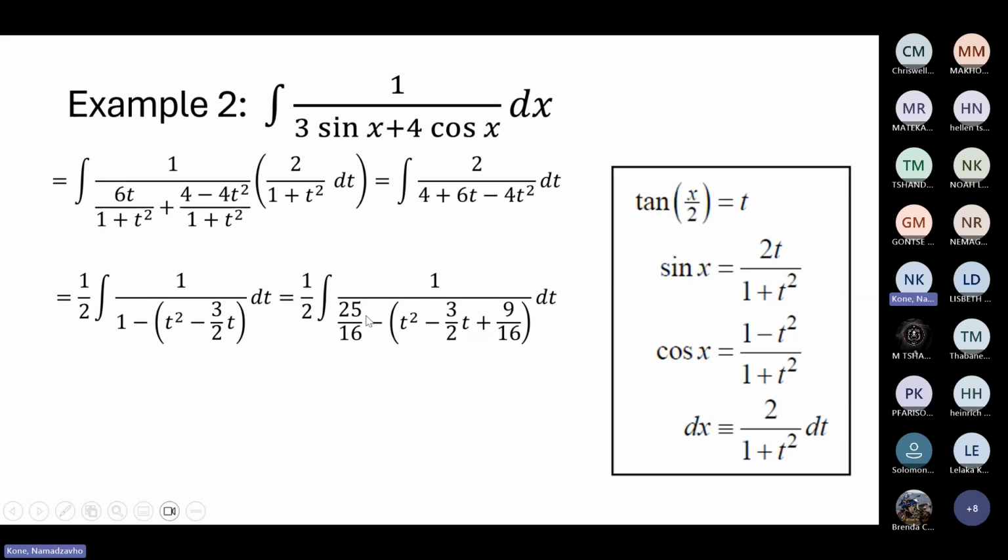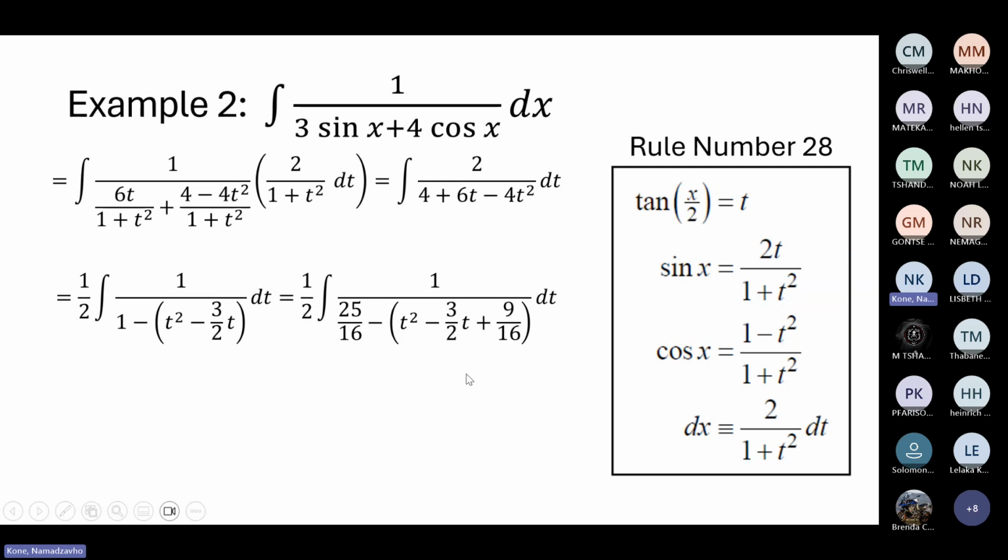Now we can factorize. This one can be written as 5 over 4 squared. And this one can be written as t minus 3 over 4 into t minus 3 over 4, which gives us t minus 3 over 4 squared after you factorize this one. And now I have already shown that it will be rule number 28, after you have got 5 over 4 squared here minus t minus 3 over 4 squared on this side.